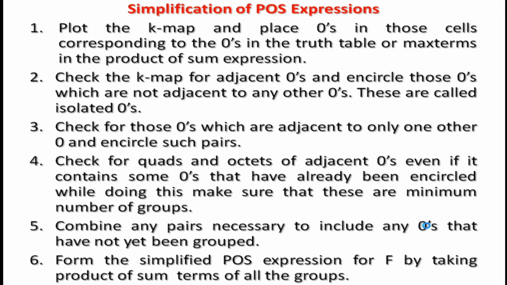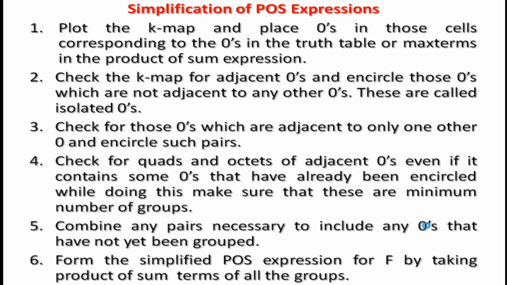So students, these are the two simplification rules: one is the product of sum expression and the other is the sum of product expression, which we are going to apply in simplifying the Boolean expression, which is in sum of product form or in product of sum form, using K-map.